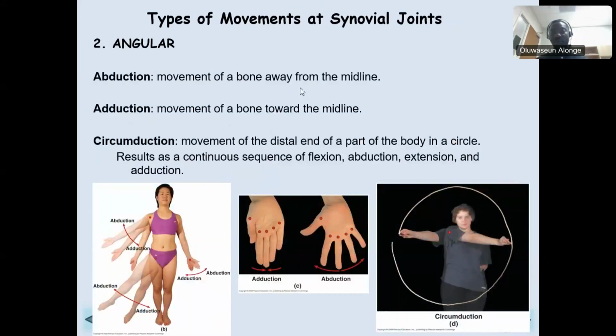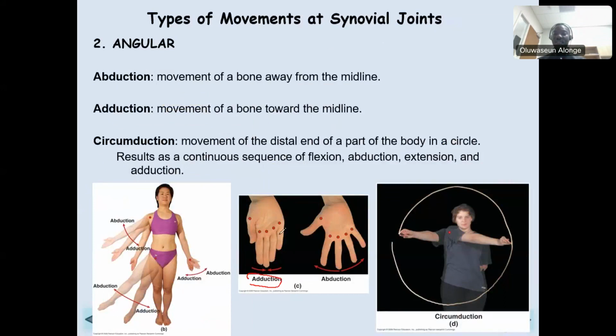Now, angular movement simply implies that you are making movement at an angle. When you see my digits, they could be together. If they are together, we call it adduction.